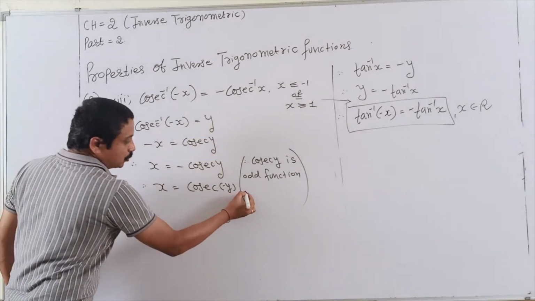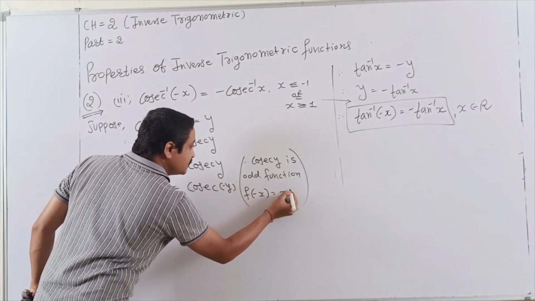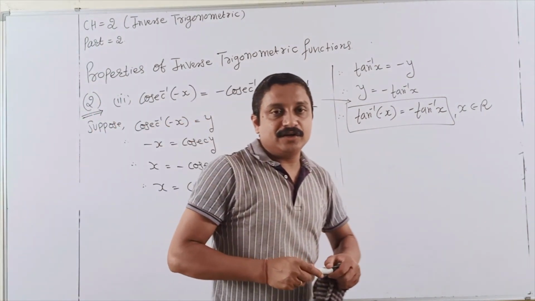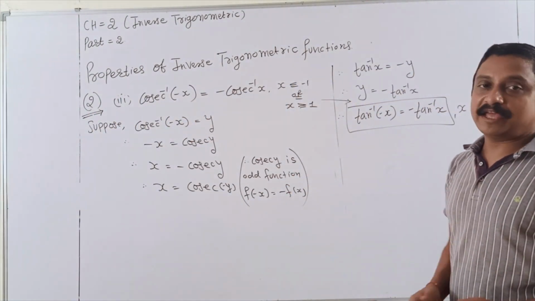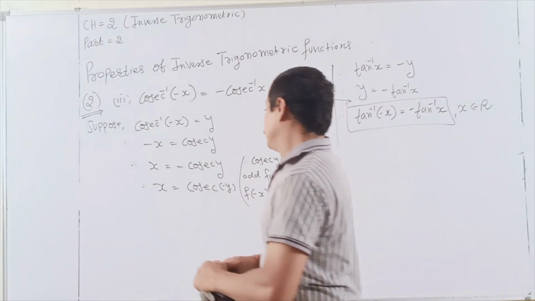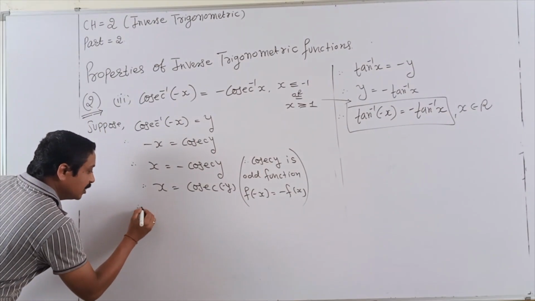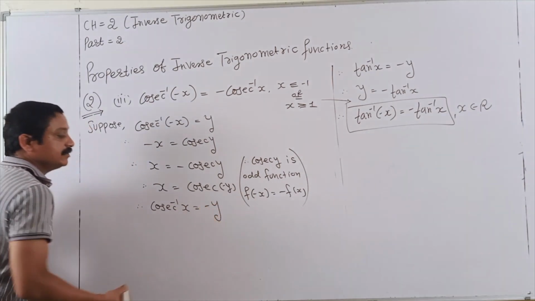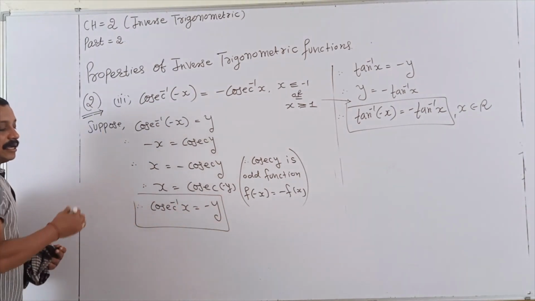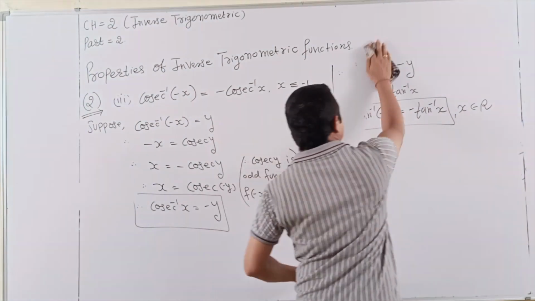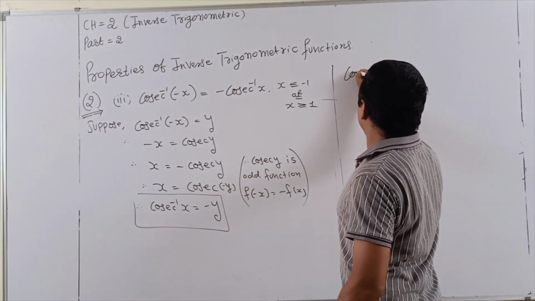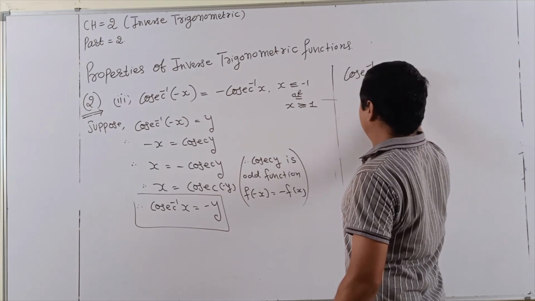The odd function definition is known. One more time I revise: f of minus x is equal to minus f x. So now finally we are done. Cosec inverse x is equal to minus y.